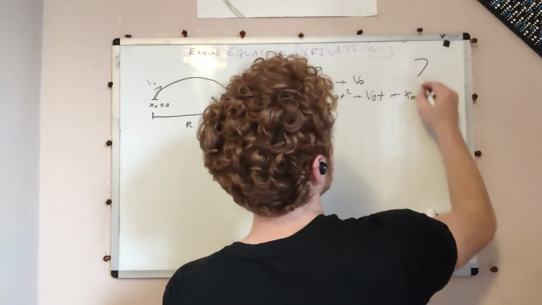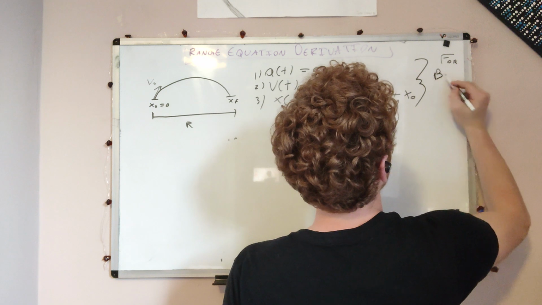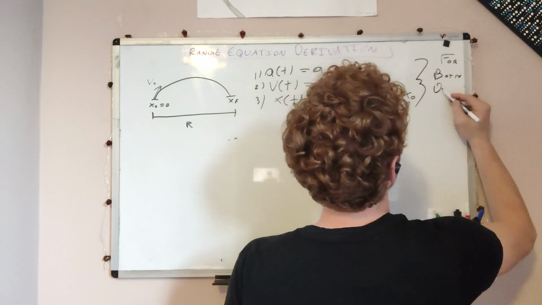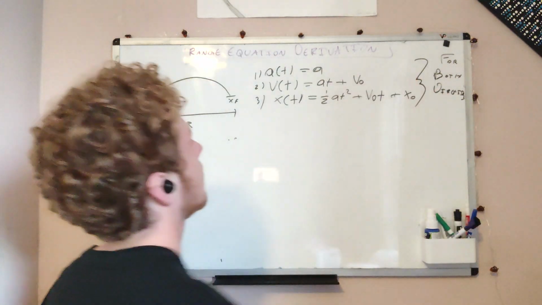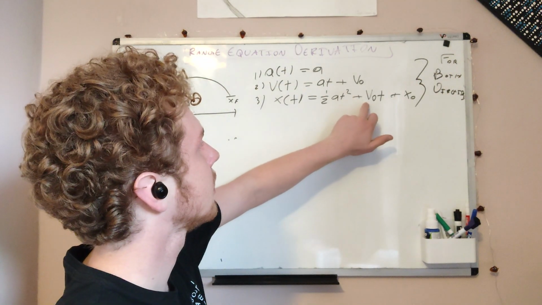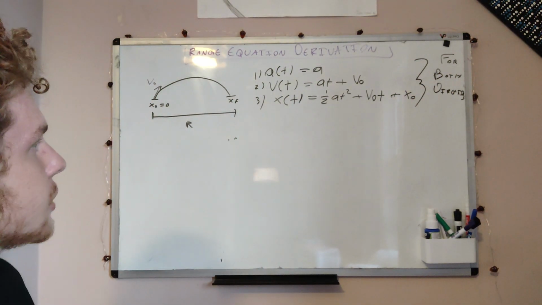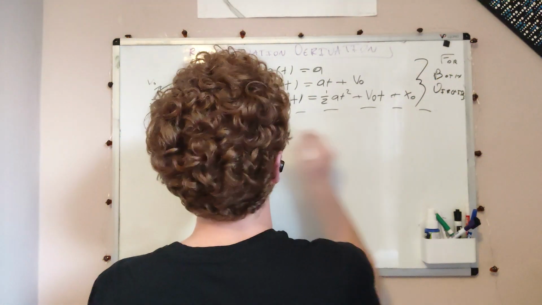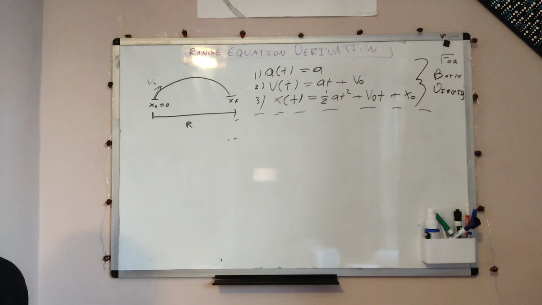I'm going to say for both directions, right? Now the difference is that this would be different. Anyway, so this is like the general form of those equations. Now let's apply it specifically to this scenario.